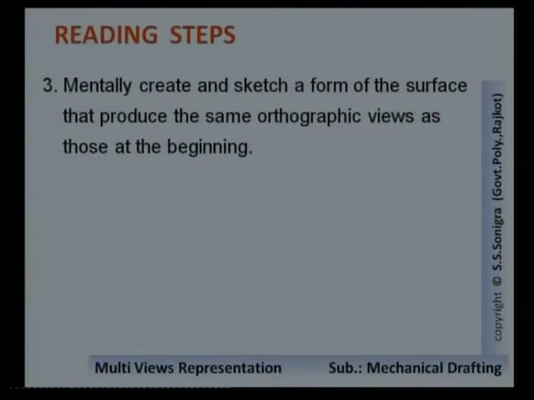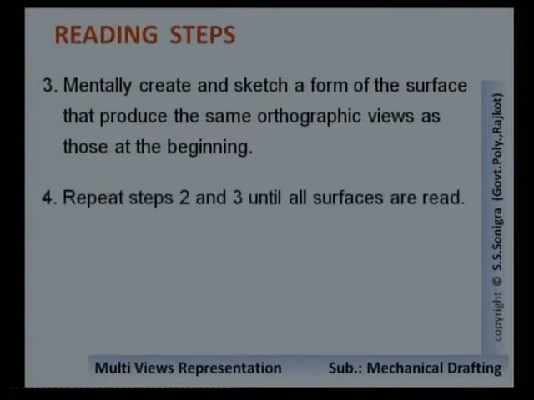at the beginning. What should we do? We have to form the sketch of individual parts, what we did in the first exercise. For example, identify a cylinder, identify any prism or cone or sphere, and mentally create a sketch of the object, what its form should appear like, and repeat steps 2 and 3 until all the surfaces are read.